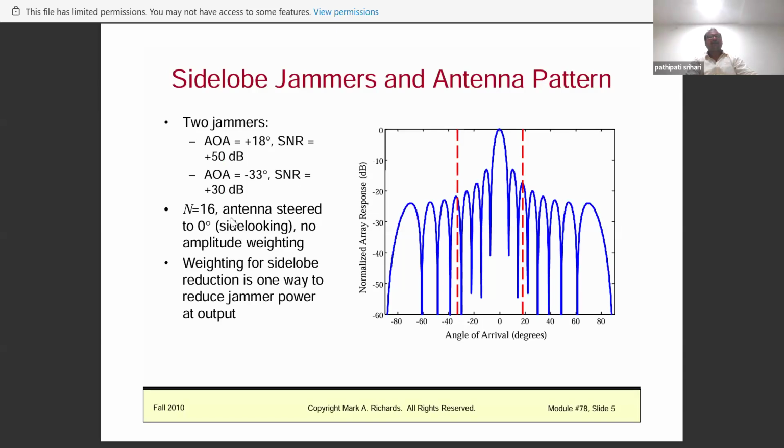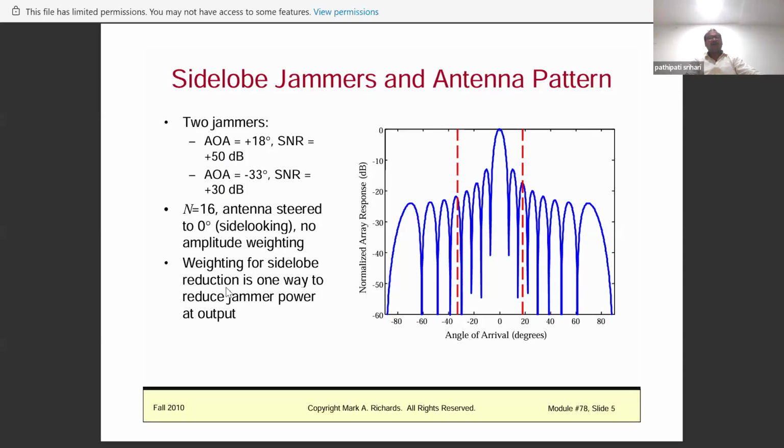N is equal to 16, antenna steered to 0 degrees, side looking, and no amplitude weighting is considered here. Weighting, or side lobe reduction, is one way to reduce jammer power at the output. If you reduce side lobes, then jammer power will also reduce. That is one way to eliminate the side lobe power of the jamming.